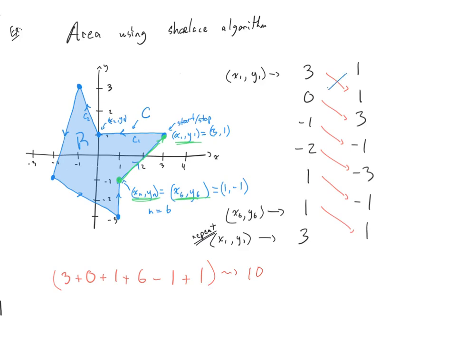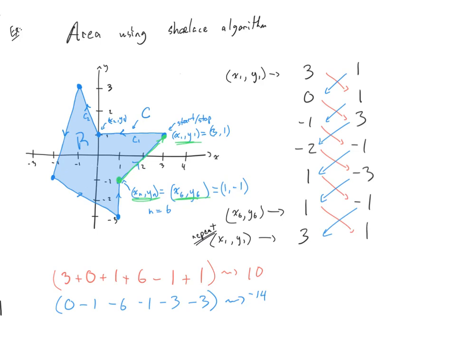And my blue ones, which are negative, or will eventually be subtracted, look like that. They are 1 times 0, so that's a 0, minus 1, minus 6, minus 1, minus 3, minus 3. That gives me 6 plus 6 is 12, plus 2 is 14, so minus 14.